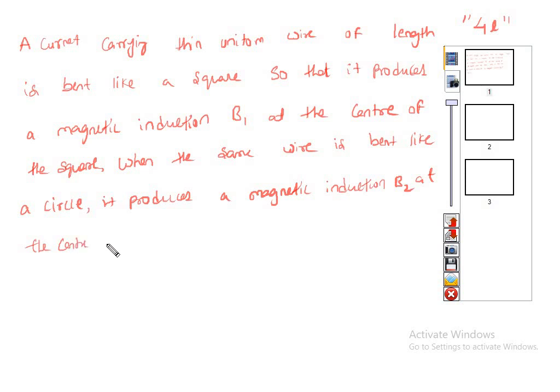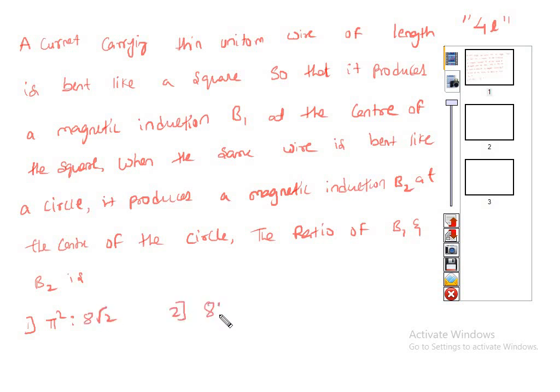The ratio of B1 and B2 is: first option pi square into 8, second 8 root 2, third 8 is to pi square, and the fourth one 8 root 2 is to pi square.